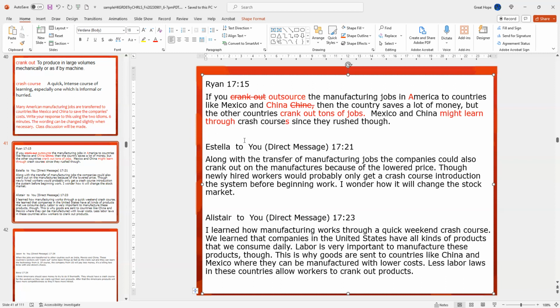So, along with the transfer of a manufacturing job, the companies could also crank out on the manufacturers because of the lowered price. Here, the language is kind of not very smooth, right? So, along with the transfer of manufacturing jobs, right? So that's the thing. You can stop. You can have a period, it's a comma here. The companies, right? Could also crank out the manufacturer because it's lower. Instead of saying crank out the manufacturer, you don't say that, right?